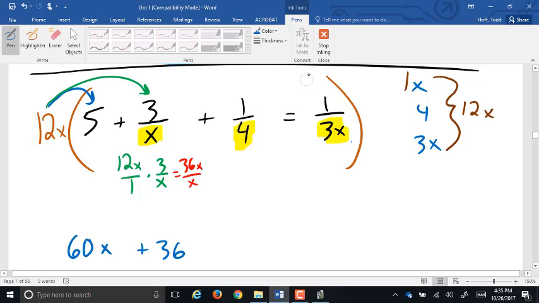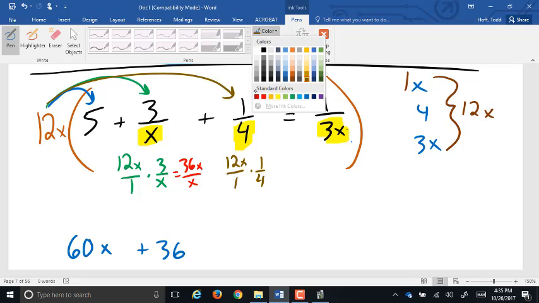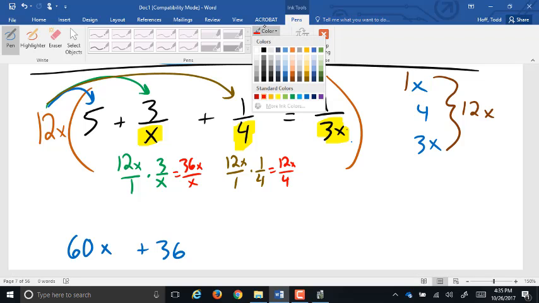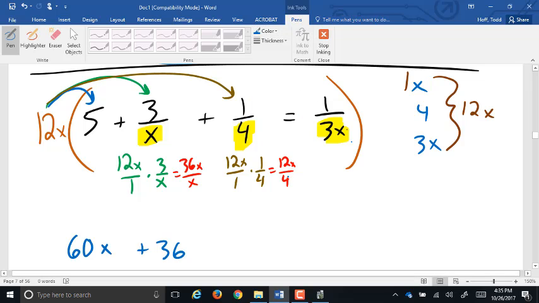Now we have the 12x times 1/4. So 12x over 1 times 1 over 4. 12x times 1 is 12x. 1 times 4 is 4. 12x over 4 is just a positive 3x.